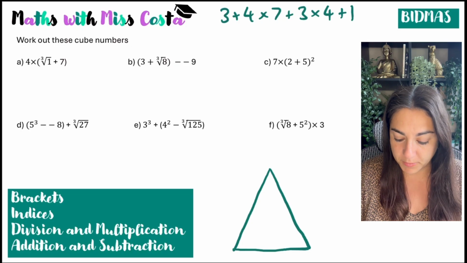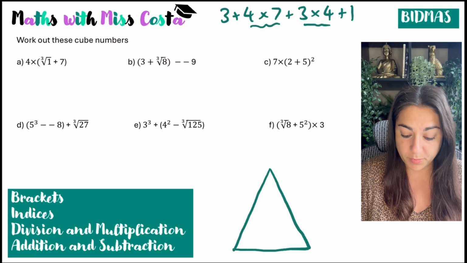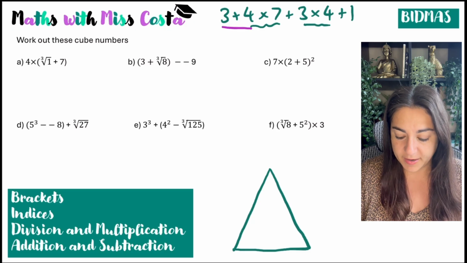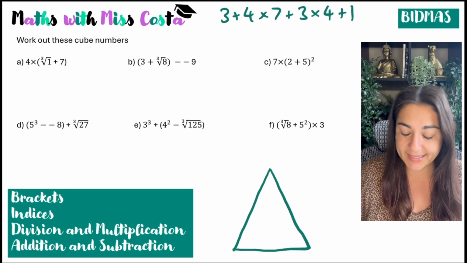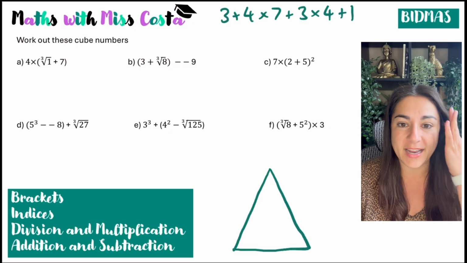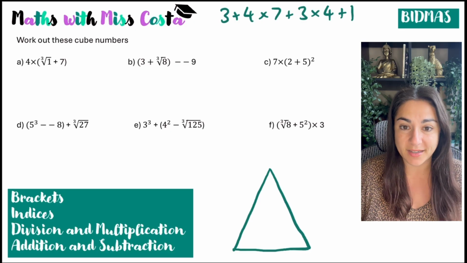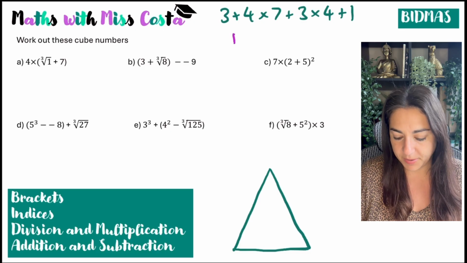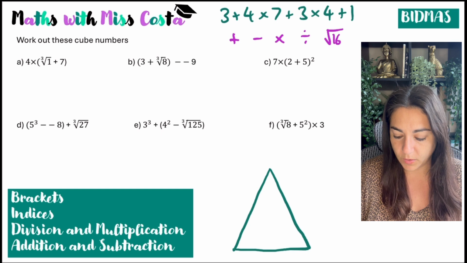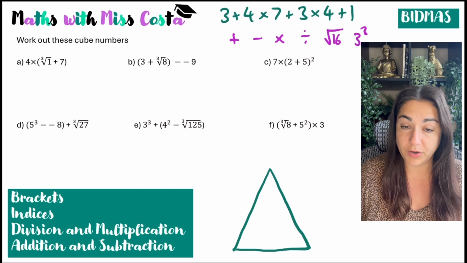Some people were doing the multiplication first, some people were doing the addition first, some people were just doing it in random order. So someone decided that we're going to have an order of operations that tells us which operation, and an operation is something like a plus, a minus, a times, a divide, a square root, a square number, or a cube number.